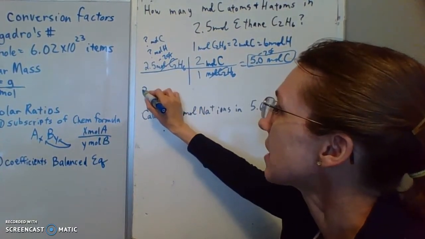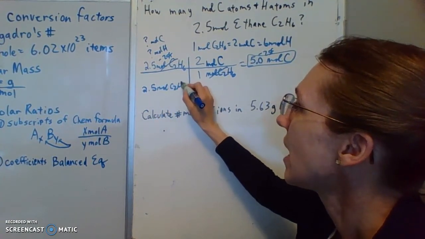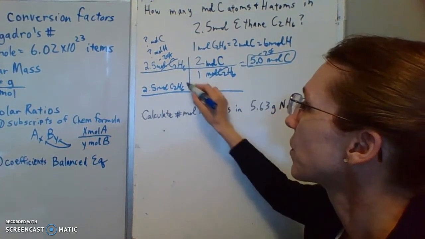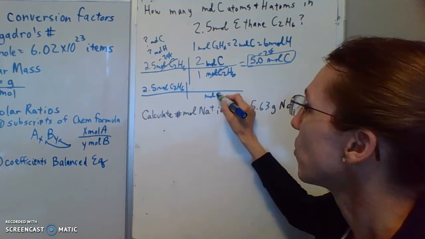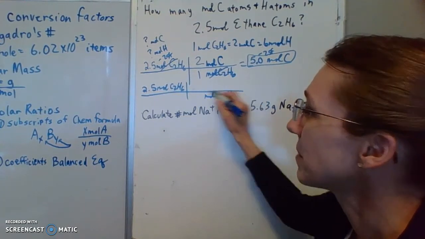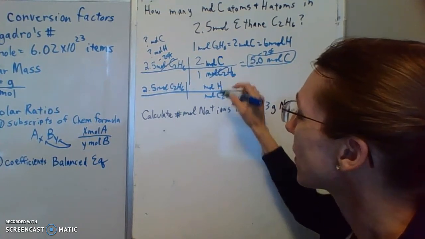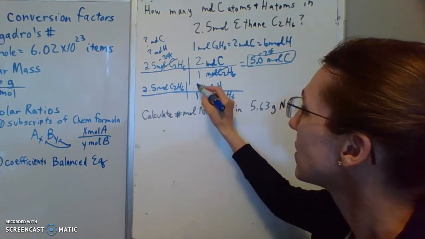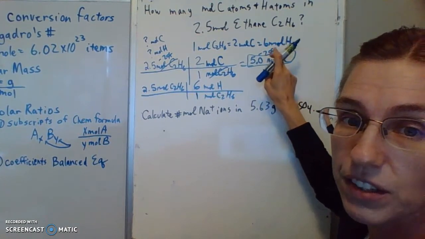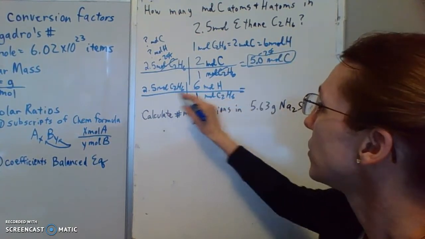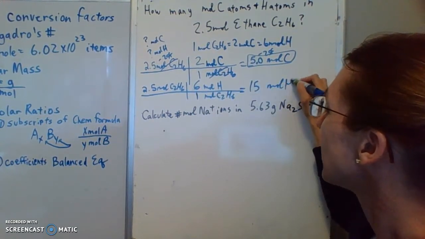Okay, we're going to start off with the same thing we started with before, 2.5 moles of our C2H6. Only this time we're going to go to our moles of hydrogen. So again, we need moles of our C2H6 in the bottom to cancel out. What we want to get, we put on the top, 1 mole of this to 6 moles of hydrogen. And so we do this multiplication and we end up with 15 moles of hydrogen.